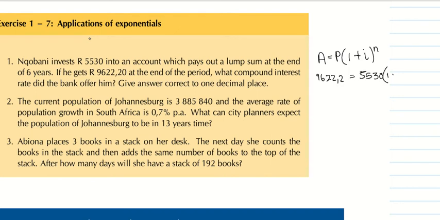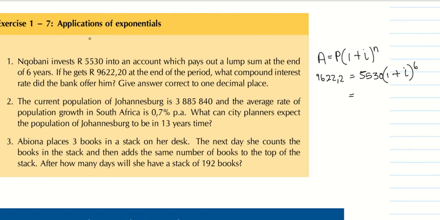The question asks what compound interest, so we need to work out i, so it will be 1 plus i, the unknown, to the power of 6. Right, so how would we calculate this?